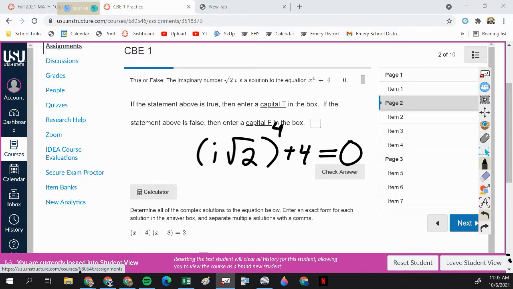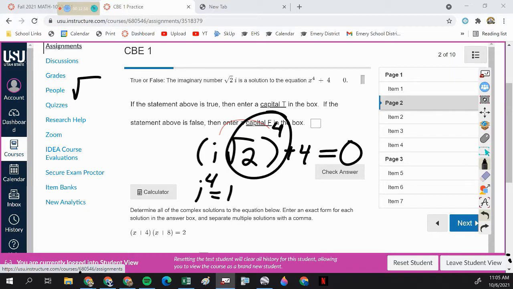Okay. Well, what is i to the 4th? 1. And then what is the square root of 2 to the 4th? That would be the square root of 2 squared would be 2. And square that, you would get 4.